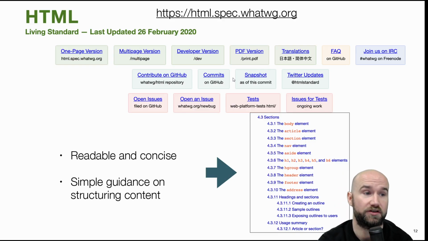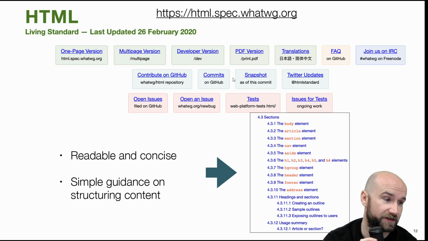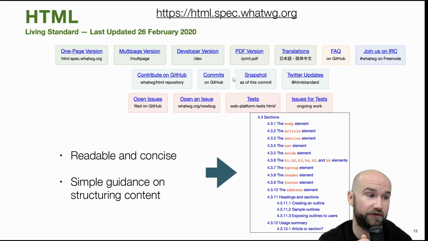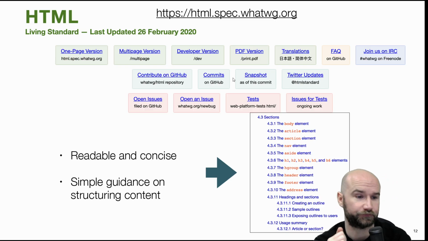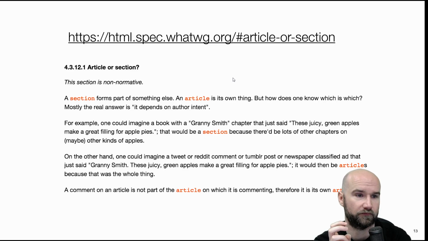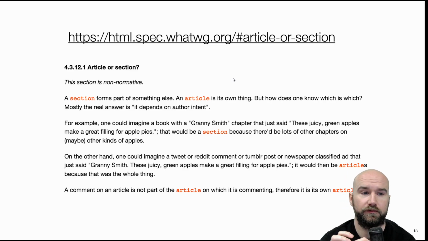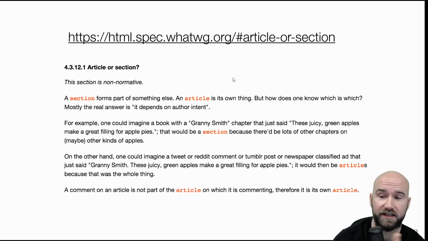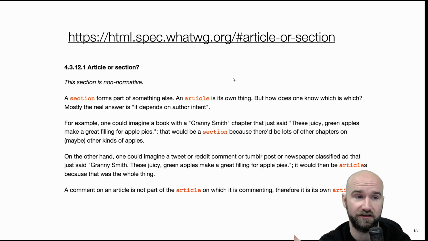Checking out the HTML spec, you can see the different sections of the page. So we have articles, sections, asides, different groups, headers, footers, and so forth. One question that I definitely asked when I first looked at this was, is a section always a child of an article?